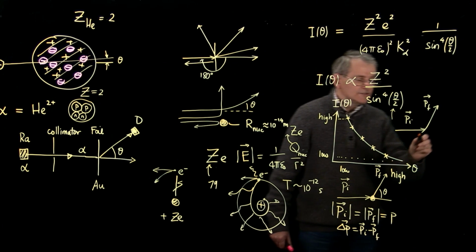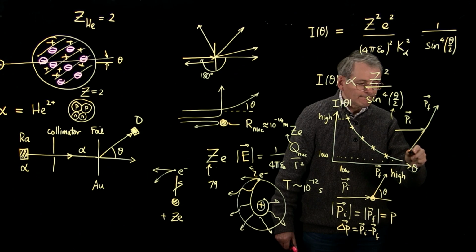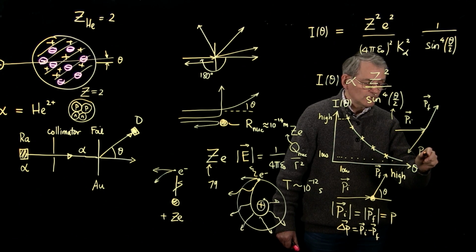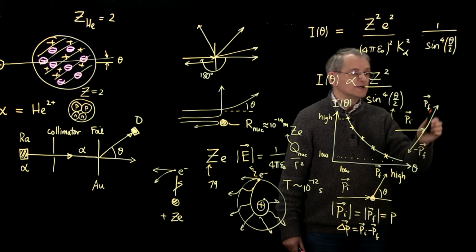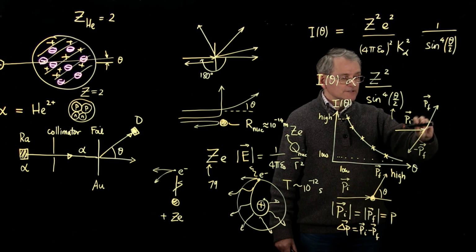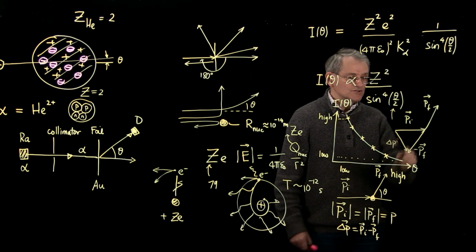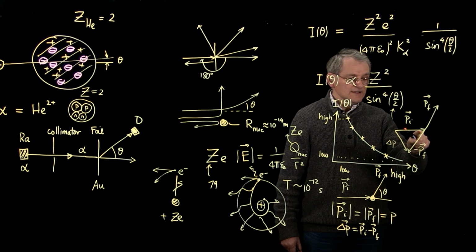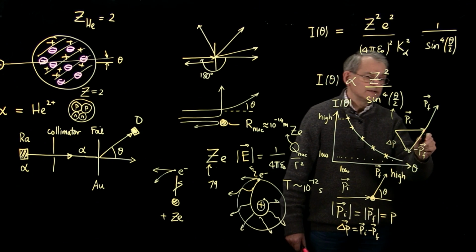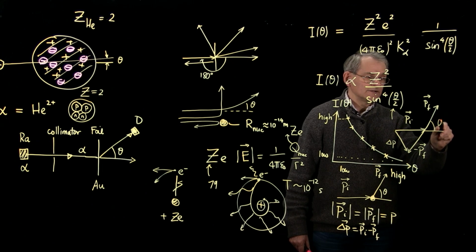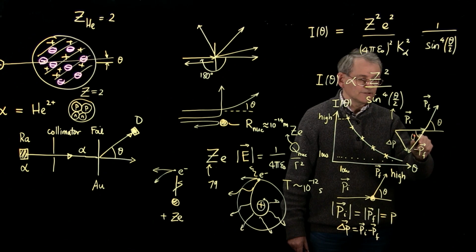And so what I need to do is calculate the change in momentum. So there's Pi, and there's minus Pf. And so here is delta P, which is Pi minus Pf. Now, you can see immediately that that angle there is the same as that angle there.